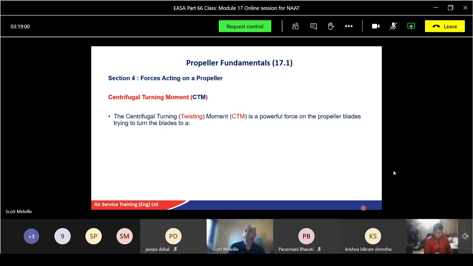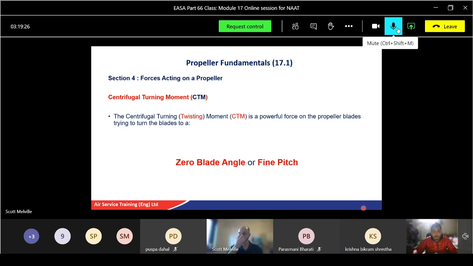Well, centrifugal turning or twisting moment, I'll abbreviate to CTM. Again, it's a powerful force on propeller blades that tries to turn the blades to a zero blade angle or very fine pitch. Purely by the weight of the blades spinning round, centrifugal force tries to turn it from a feather position, coarse position, to a very fine position.